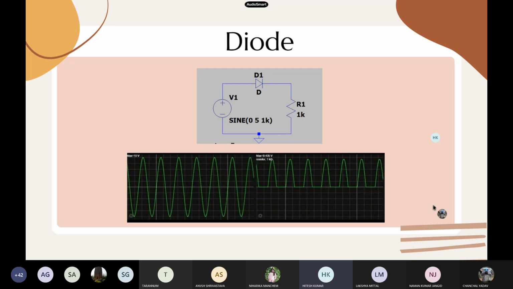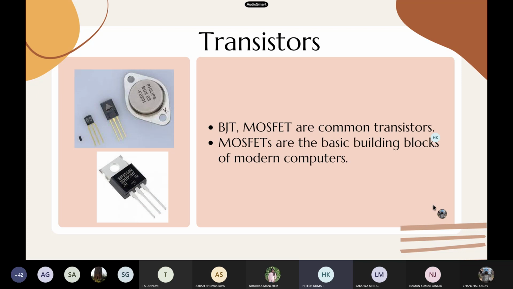I think it is sufficient for the diode. Now move to our next part, that is transistors. Transistors are important for the electronics domain, because most of the equipment that we use at home, like our televisions, mobile phones, laptops, are based on transistors.